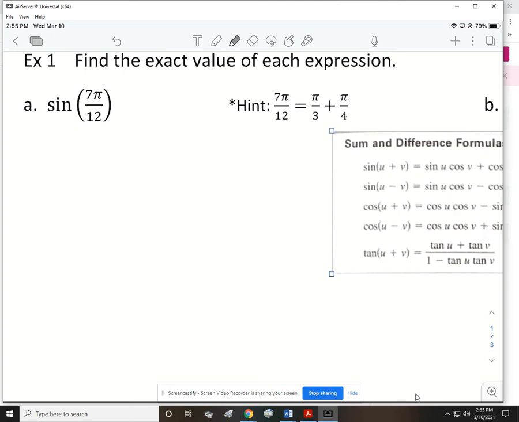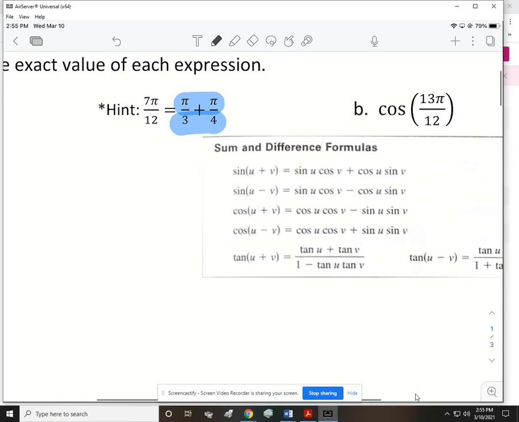So what we're going to do is use two special angles that add to give you 7 pi over 12, which are going to be pi over 3 plus pi over 4. Because to add those, you find a common denominator. And then when you add, I promise, when you add pi over 3 and pi over 4, you get 7 pi over 12. So we're actually going to use this one right here, which is going to be number 24.